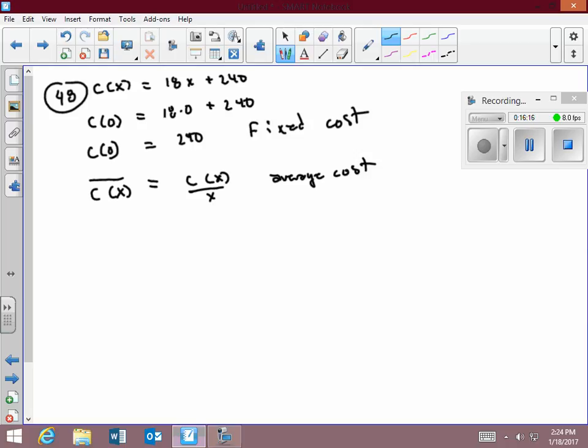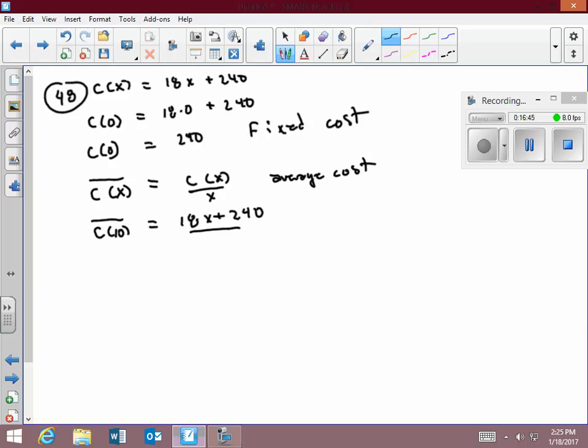So the C of 10, is that what we're supposed to be figuring? Now C of x is 18x plus 240 over x.